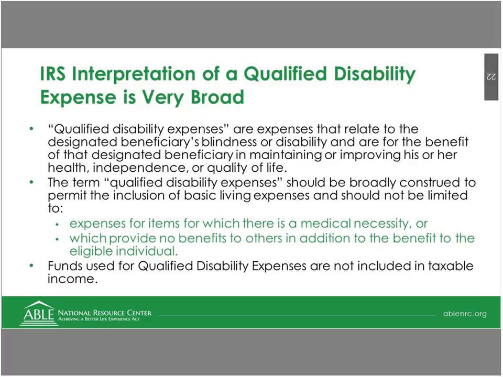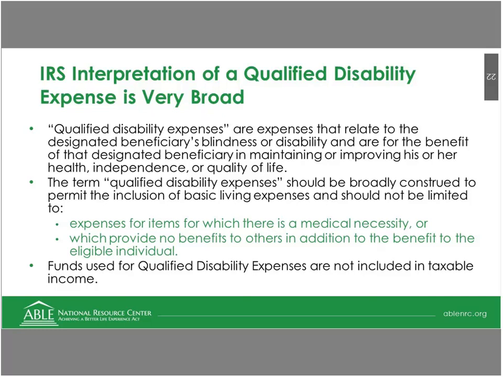Now they've bought that van using ABLE dollars. Does that mean nobody else can ever take a ride in that van? Of course not. You can have passengers other than the person themselves, but it has to be for the primary benefit of that particular person.